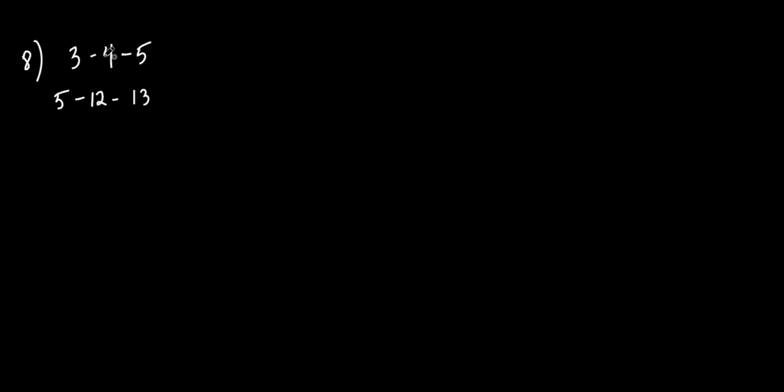I don't know, I can't remember. 8, 15, 17. What was the last one? Yeah, 7, 24, 25. Sometimes I forget those. All right, but I could have any of these on there for Pythagorean triples.